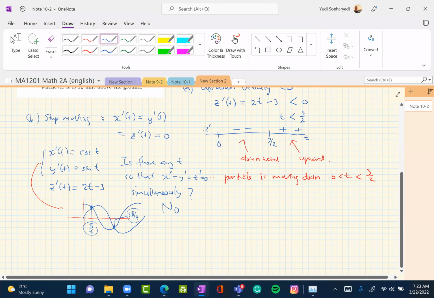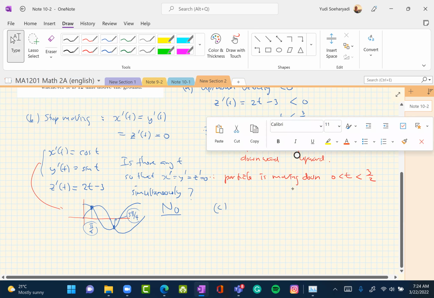If cosine is 0, then sine cannot be 0. Sine and cosine t cannot be 0 at the same time. I think that's enough explanation for this. There are no t's making x prime, y prime, z prime 0 simultaneously.